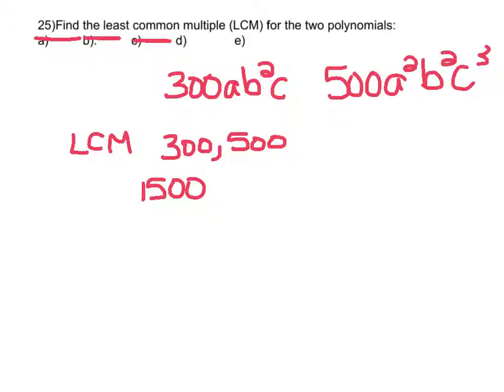Now, for the least common multiple, when we look at our exponents here, we're taking a look at what the least common multiple is for all of these. So taking a look at this, oops, I copied this one wrong right here. There's no B here. That's a B to the first power. So take a look at your A's. You've got 1 in this group, and you've got 2 in this group.